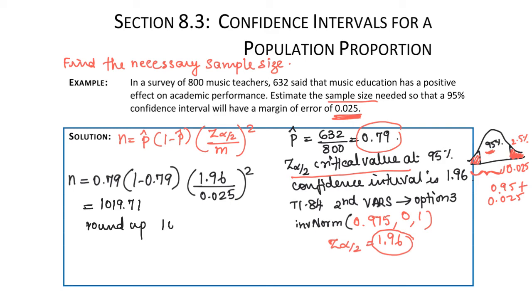So now round up, so 1020. So we estimate that we need to sample 1020 parents to obtain a 95% confidence interval with a margin of error of 0.025.